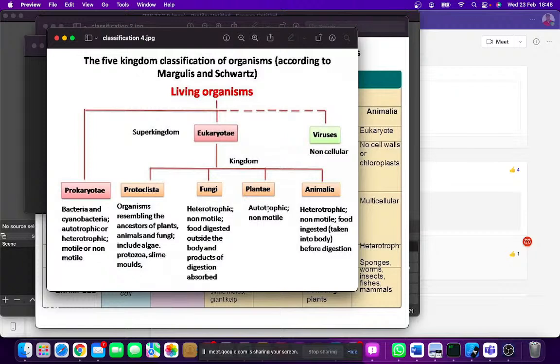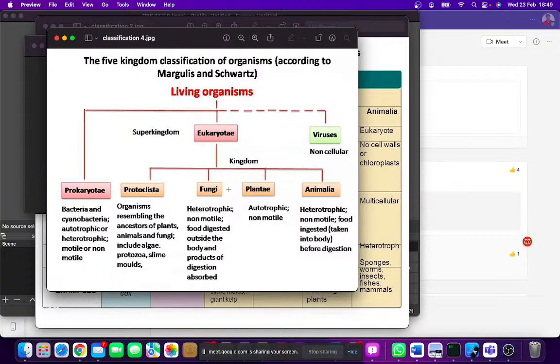Photosynthesis is very important. It enables organisms to be able to produce their own food by themselves. And organisms that can produce their own food by themselves, they are known as autotrophs. Whereas the ones that depend on other organisms to feed, they are known as heterotrophs. So animals are always heterotrophs, whereas plants, most of them, the green ones, are autotrophs.